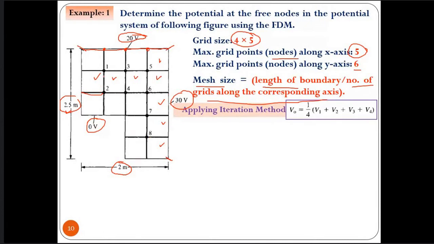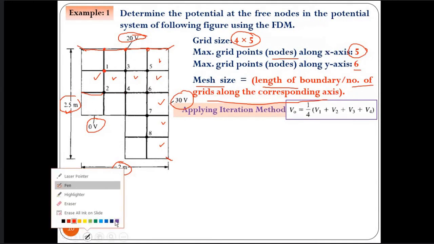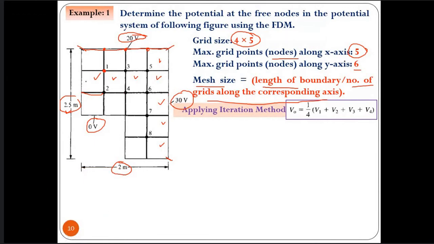As per our discussion, what will be the potential of this particular free node? It is V1. It will depend only on the potential of this node, this node, this node, and this node, because these four nodes are directly connected with node 1.